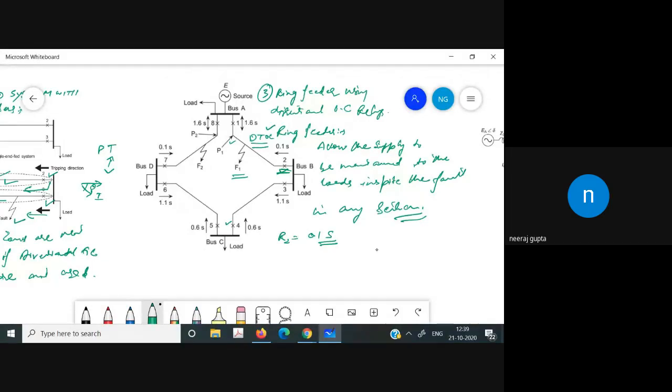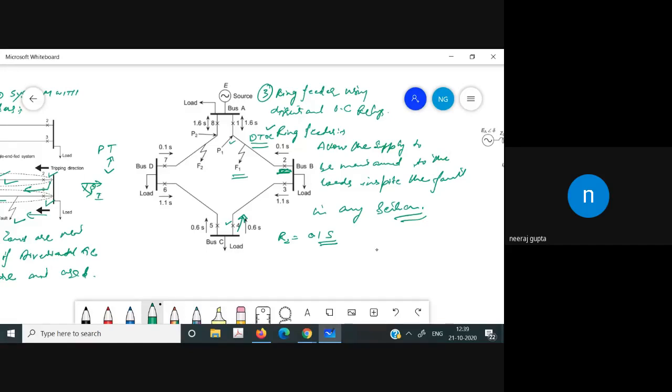It is used as the backup for relay 2, because as we discussed in the previous example, the desired zones are created only if the power is flowing away from the bus. So in this case, suppose the fault is at F1, then the power is flowing away from the bus, so 4 will trip.